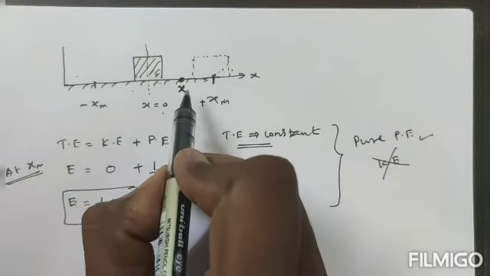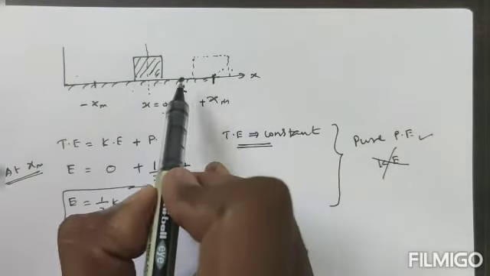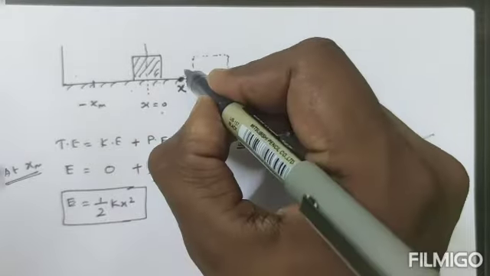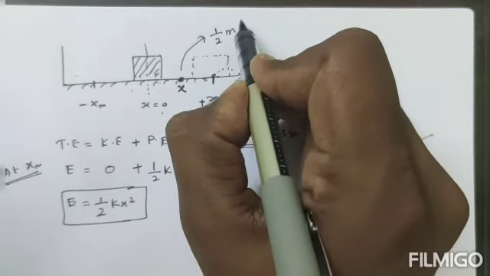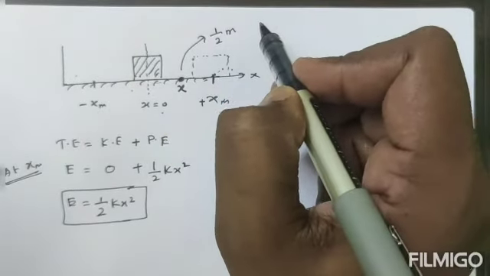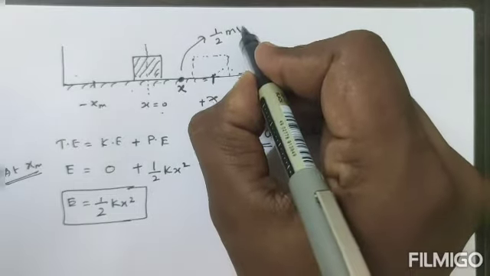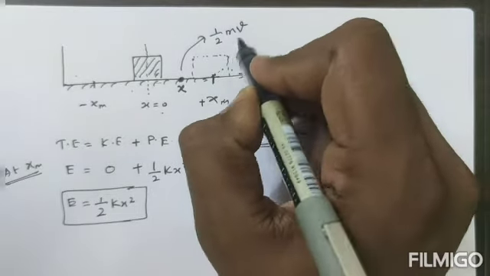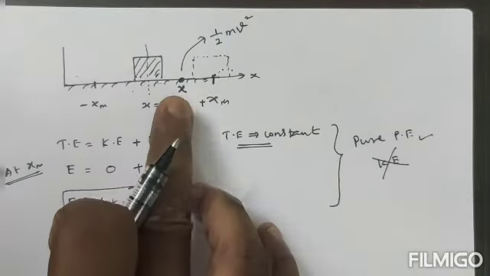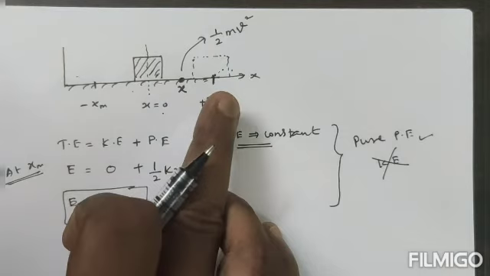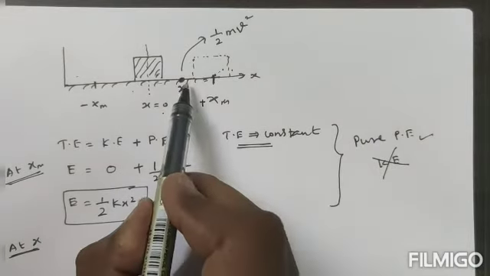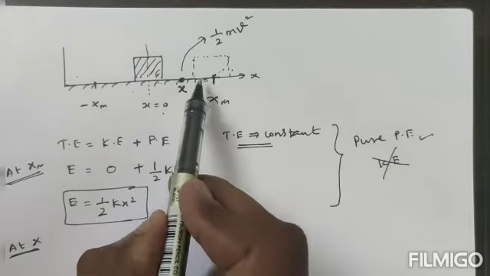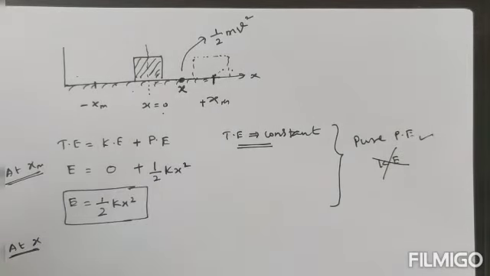Here the block is not at rest, so it has some kinetic energy, which I can write as half m small v squared, since capital V is already used for potential. Arbitrary means any place you can take.